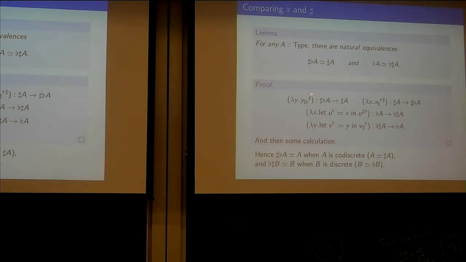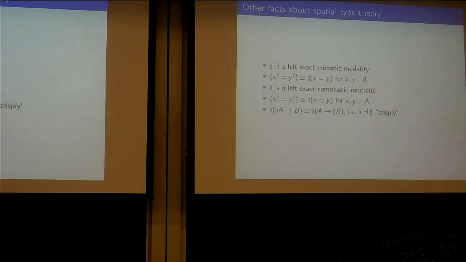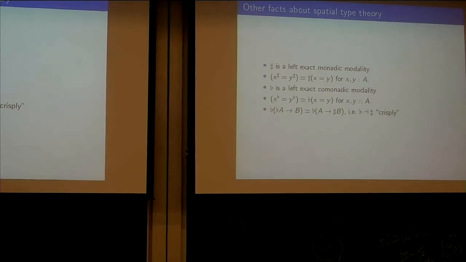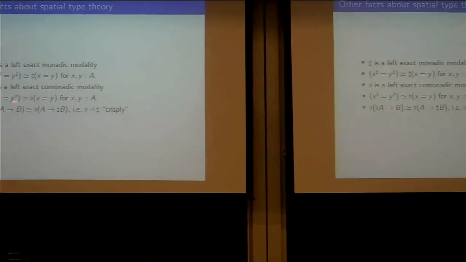You can muck around with these upper and lower things, make sure everything is crisp when it's supposed to be, and then calculate that these things are inverses. So you can prove that these things are left exact modalities. Sharp is monadic and flat is comonadic.